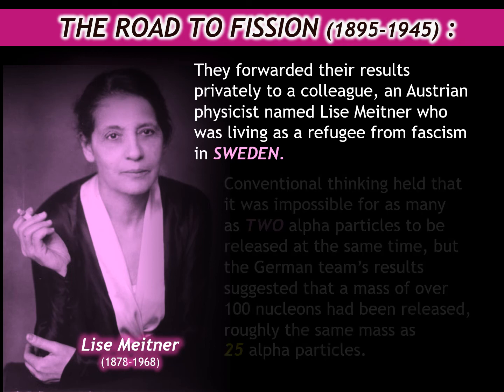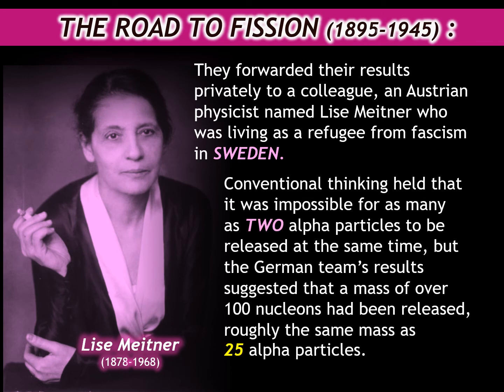Now, at the time that this event happened, it was widely believed that you couldn't get two alpha particles to come out of the same nuclear reaction. But part of the results that Hahn and Strassmann sent to Meitner said, well, we're getting a mass of over 100 nucleons.